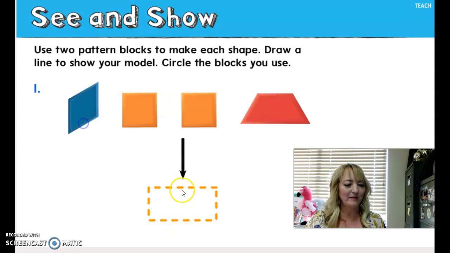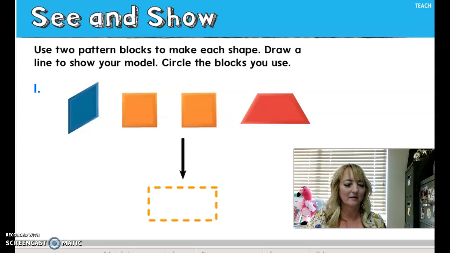Could you use the parallelogram? That would give us an angled edge, an angled edge such as this to make our parallelogram. So that is not going to work, 2 angles.